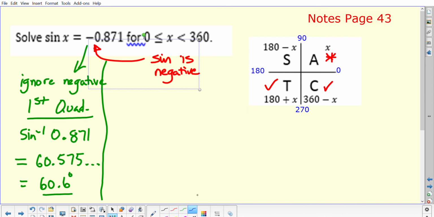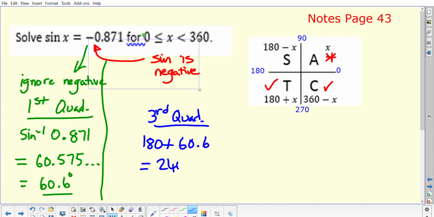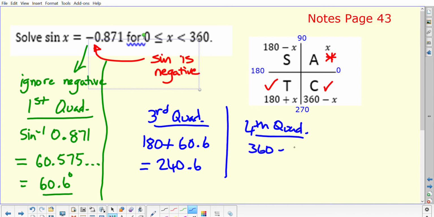So our solutions come from the third quadrant, and we do that one by doing 180 plus the first quadrant angle, which is 60.6. So we end up with 240.6, and your fourth quadrant angle will be worked out by doing 360 minus the 60.6, and you get the answer of 299.4.